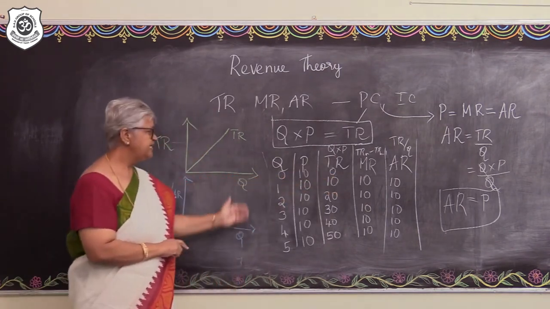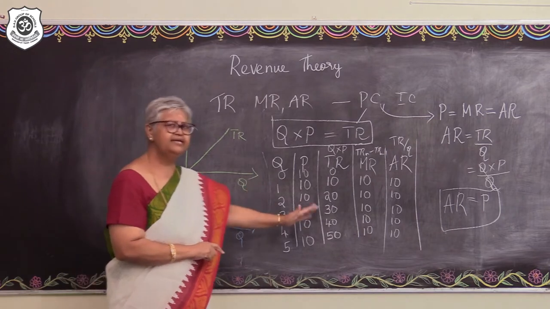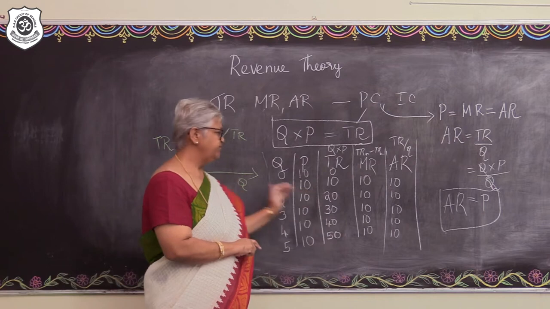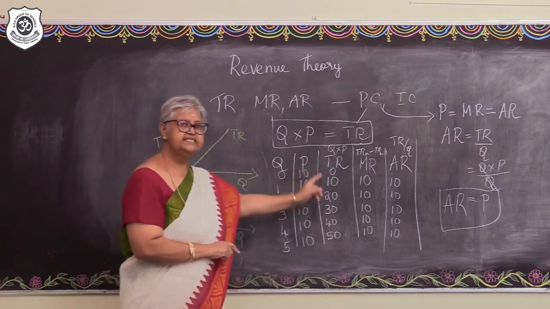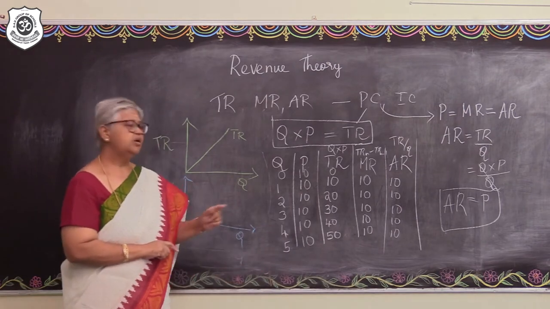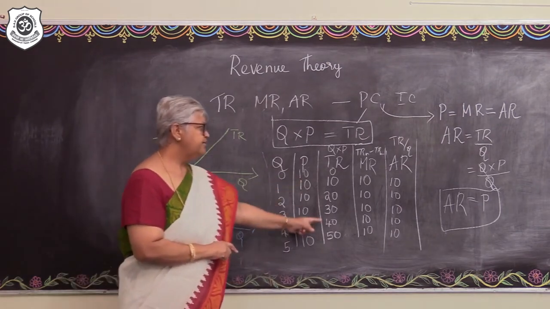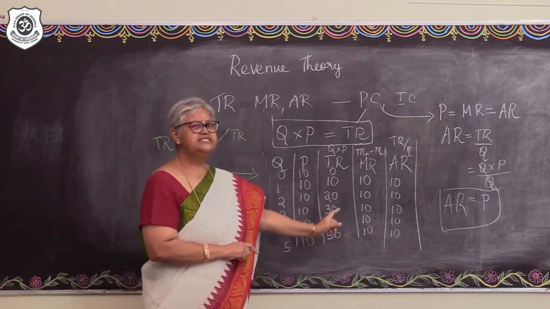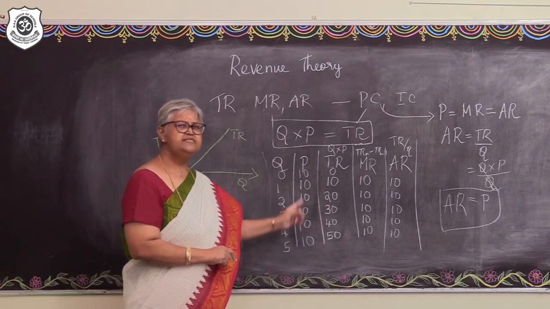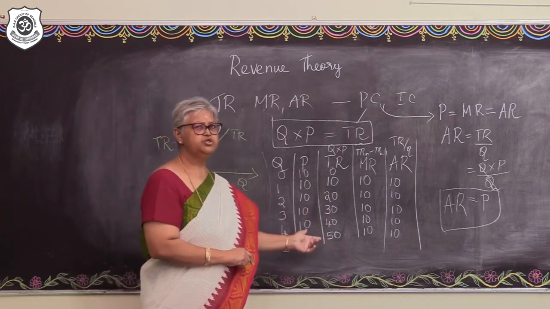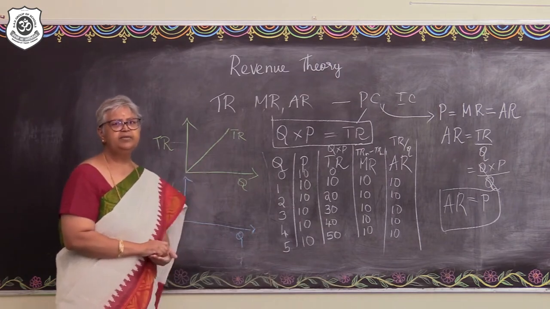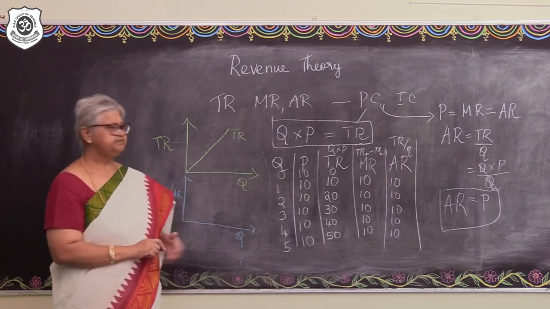The second observation is there is a direct relationship between the output sold and the total revenue. That is, as the output increases, the total revenue also increases. Number three, the total revenue is increasing at a constant rate. And why is that? That is due to the price being fixed in this particular competition. Yes, so this is the shape of the total revenue curve in a perfectly competitive market.